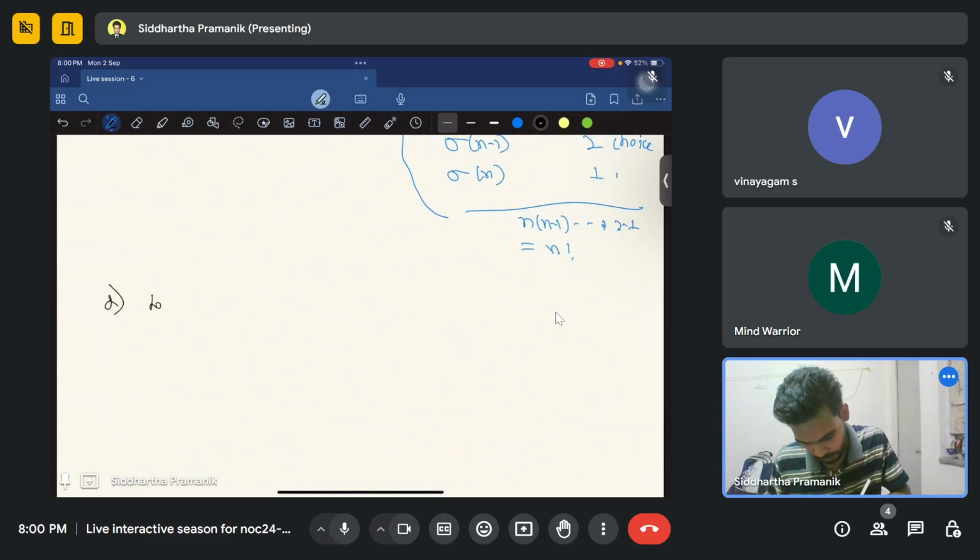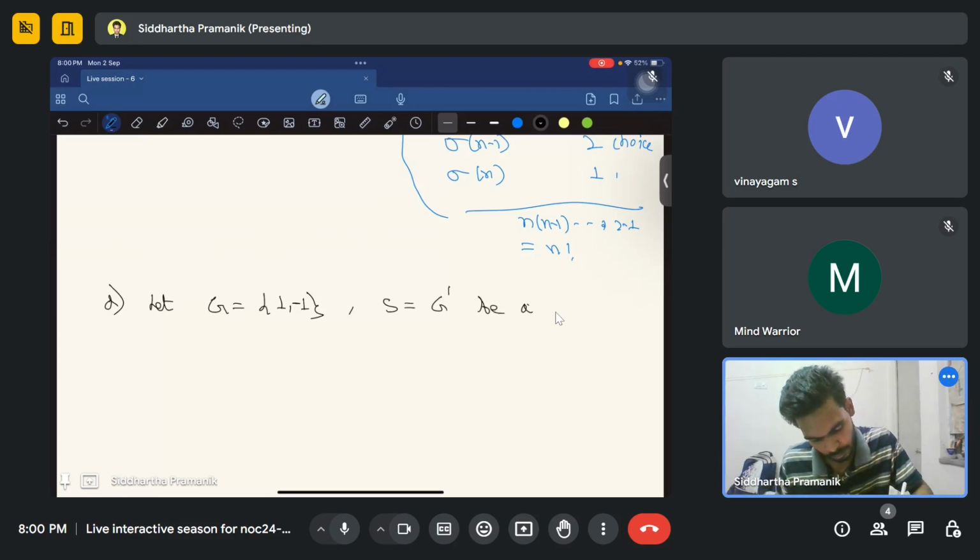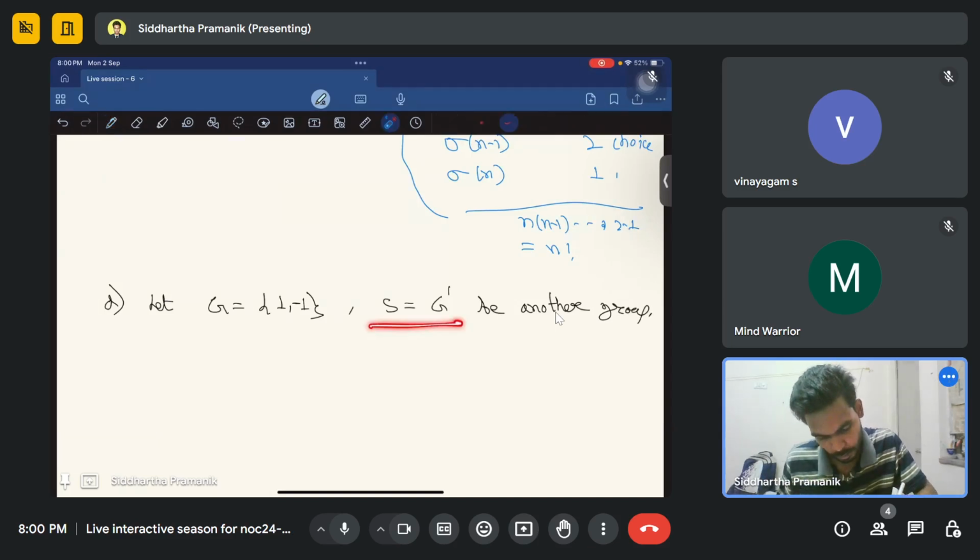So let G be the multiplicative group of two roots of unity, 1 and minus 1, and S be another group, let's say G prime. So our set is also a group in this case, which is G prime.